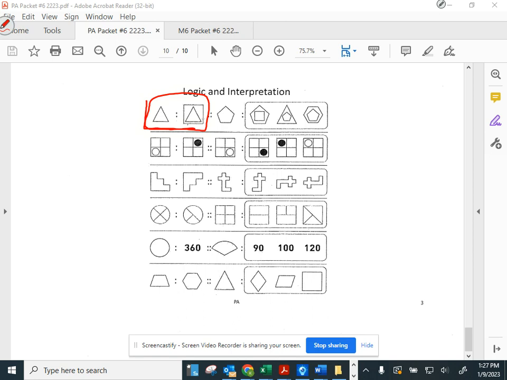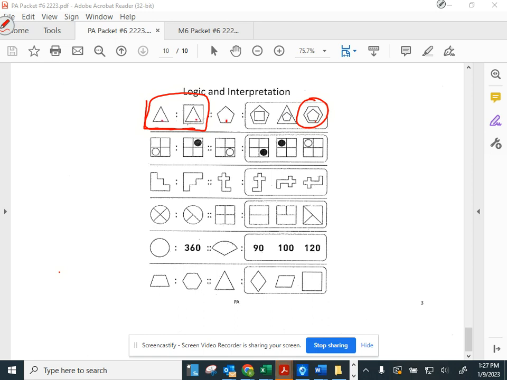Pentagon has 5 sides. What kind of figure is my pentagon going to be inside, Aiden? No. A hexagon has 6 sides.